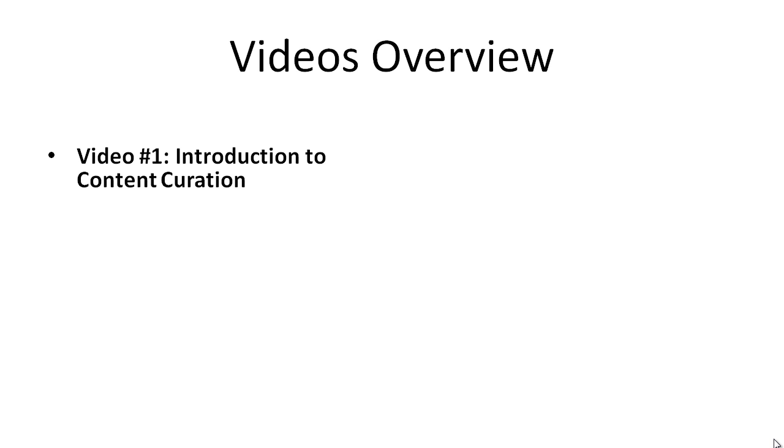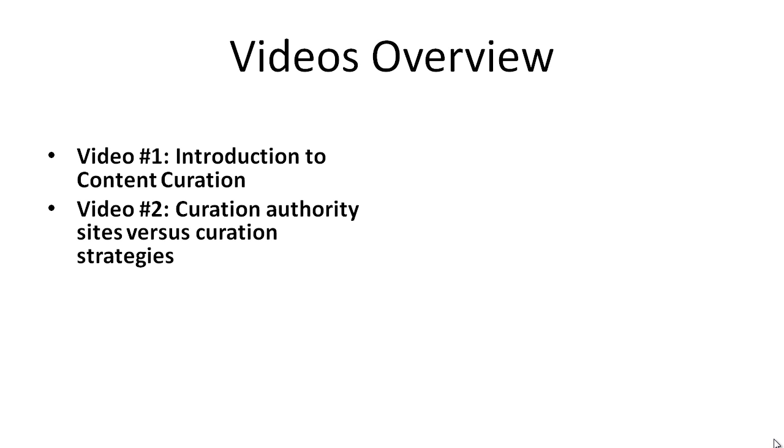Now, before we jump right in, I want to give you a quick video overview so you know exactly what to expect in this video course. So obviously this is the introduction. In video number 2, we're going to talk about curation authority sites versus content curation strategies. We're going to talk briefly about what softwares you need to use if you want to start your own authority site.